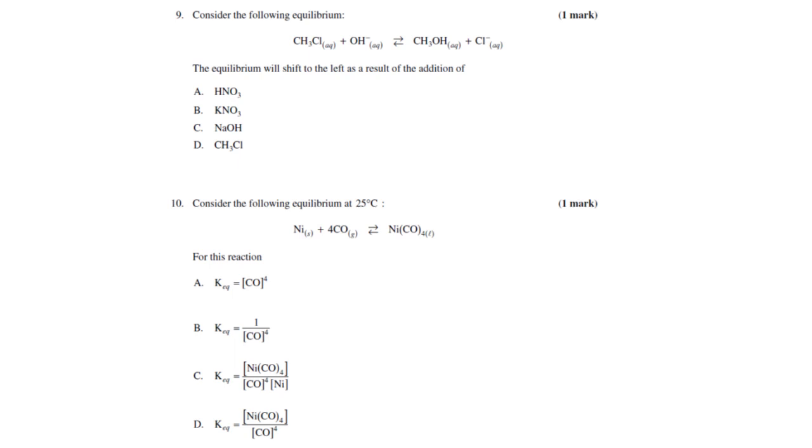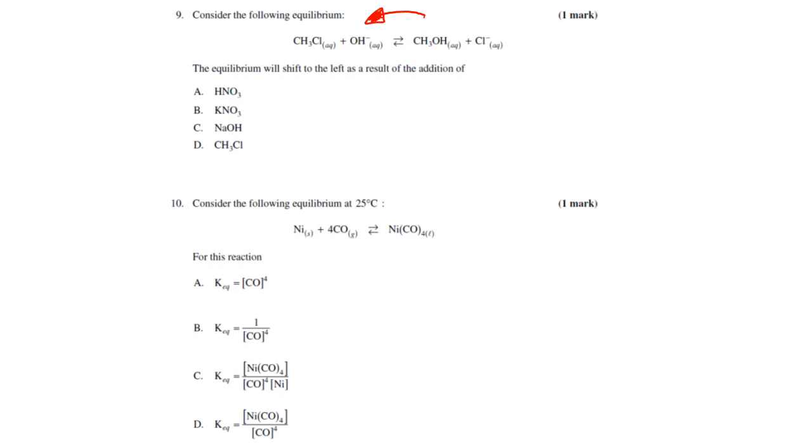So the equilibrium will shift as a result of this. So we want the equilibrium to be shifting to the left. That's what we want. Okay. Now, how can we do that? Well, we can increase Cl minus.